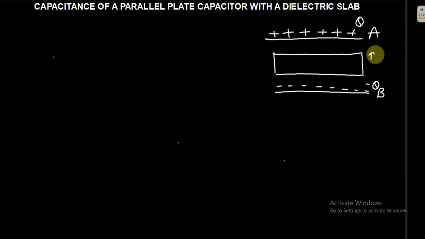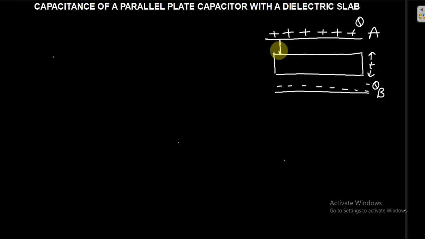Let the thickness of this dielectric slab be t. Now, how does the electric field behave due to the positive and negative charge of the parallel plates of the capacitor?